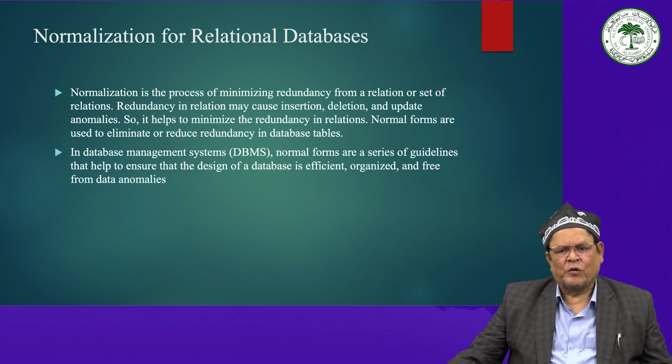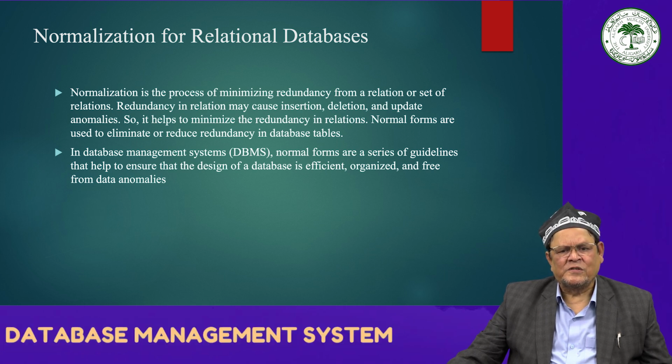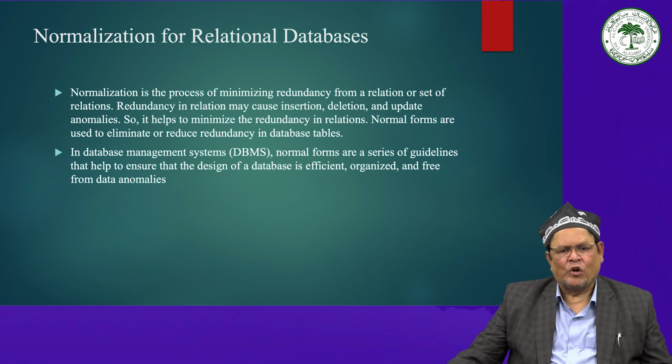The process follows a series of normal forms, each addressing specific issues related to data redundancy and dependency. In database management systems, normal forms are a series of guidelines that help to ensure that the design of a database is efficient, organized, and free from data anomalies. There are several levels of normalization, each with its own set of guidelines known as normal forms.